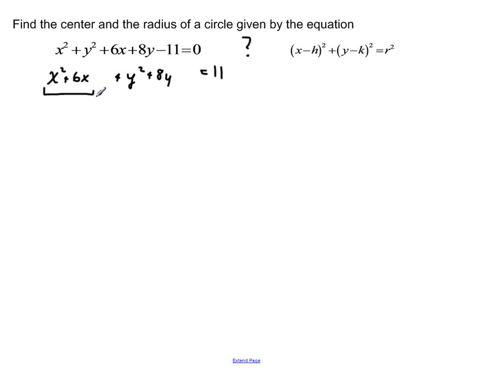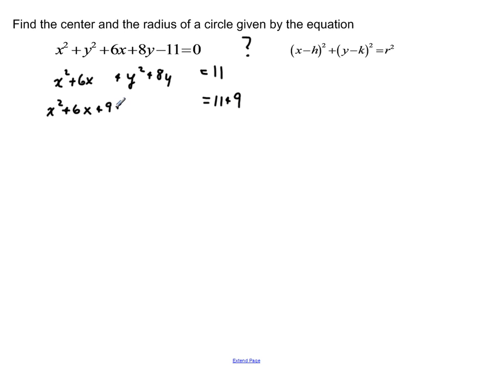Well, the answer, as you well know, is that x squared plus 6x would be a perfect square trinomial if we had 9 added to the end of it. But it's not as though we can add a 9 out of nowhere, so we have to add that to the other side of our equation. So that's plus 9 here.